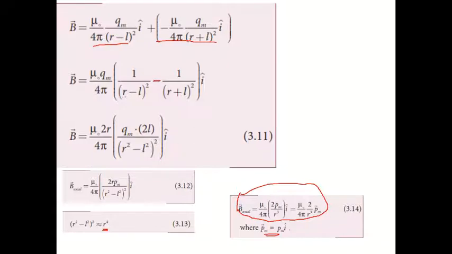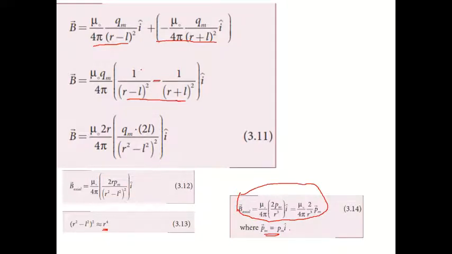Okay. Here in this step they have cross multiplied it. That's why what you will get? You will get (r minus l) the whole square, and here (r plus l) the whole square. Okay? (R plus l) the whole square means r square plus l square plus 2rl you will get.